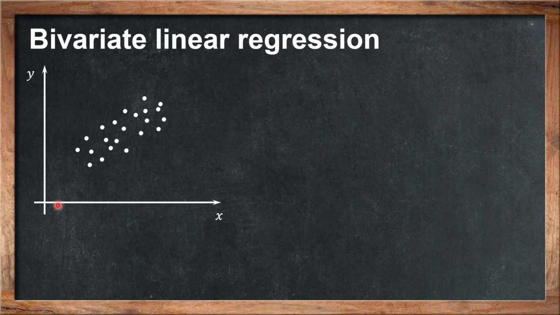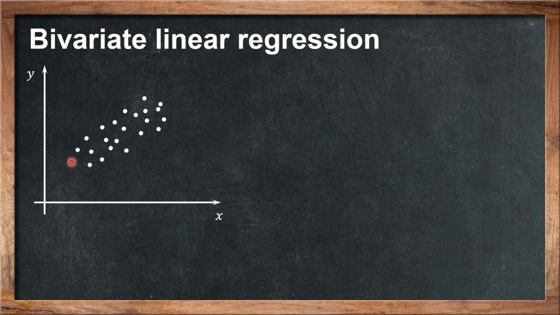We have the Cartesian coordinate system with x-axis and y-axis, and this scatter plot shows the dependence between x and y variables. We clearly see that these variables are dependent because this scatter plot is directed slightly upwards.